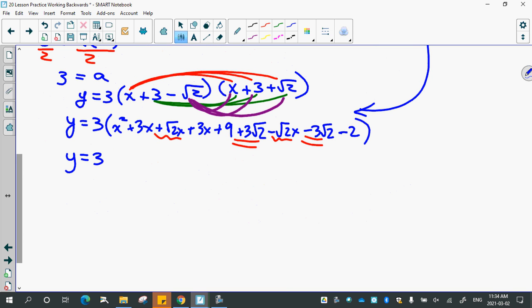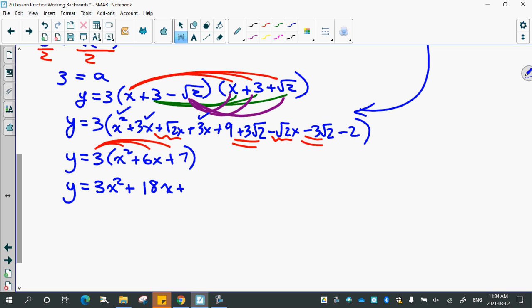So y equals 3x squared plus 6x plus 7, and then distribute the 3. So y equals 3x squared plus 18x plus 21. All right, so I have practice for you.